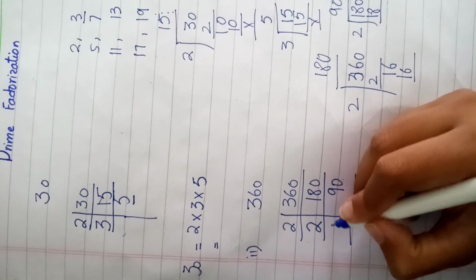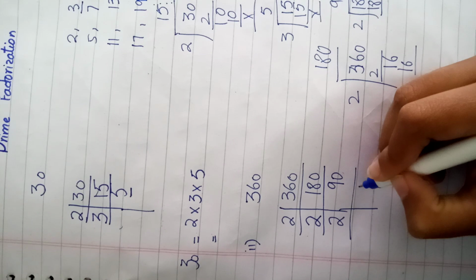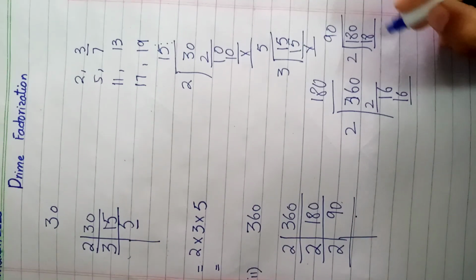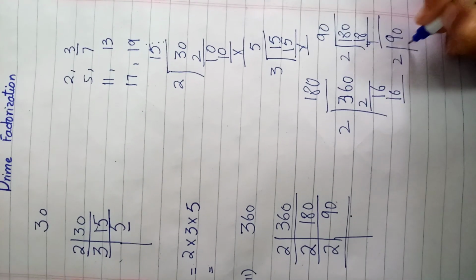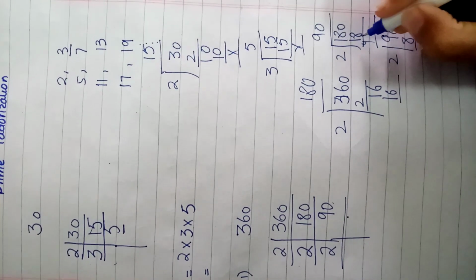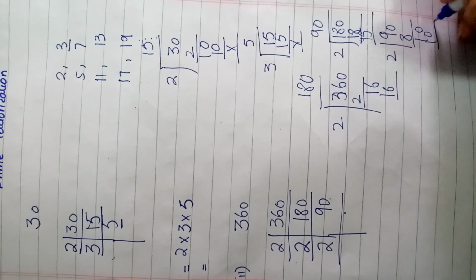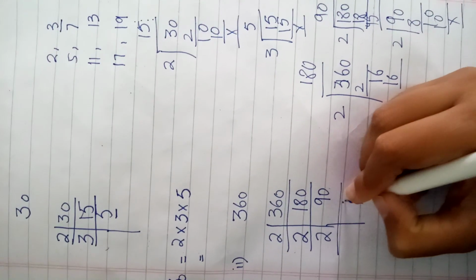Now divide 90 by 2. 2 fours are 8, 2 fives are 10, and we get an answer of 45.